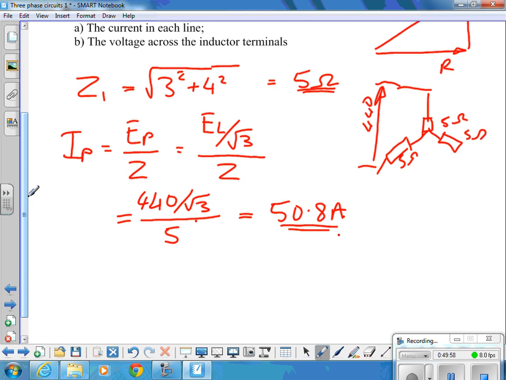Okay, so B, we'll find S. S is equal to... We can get the total power in one go, hopefully. They're the same.